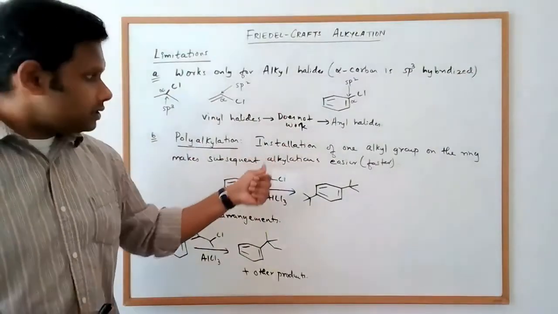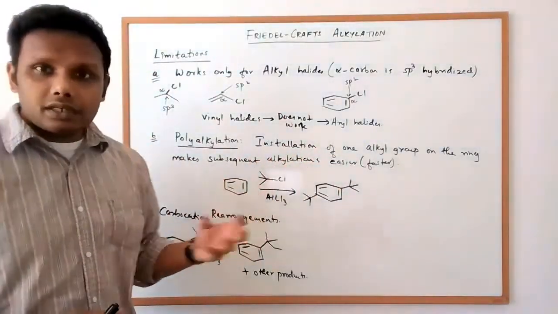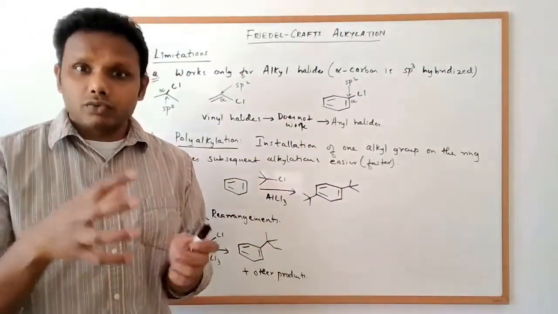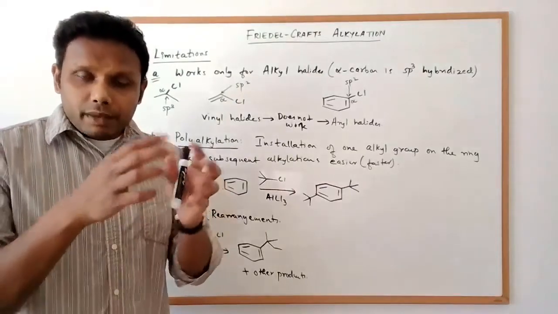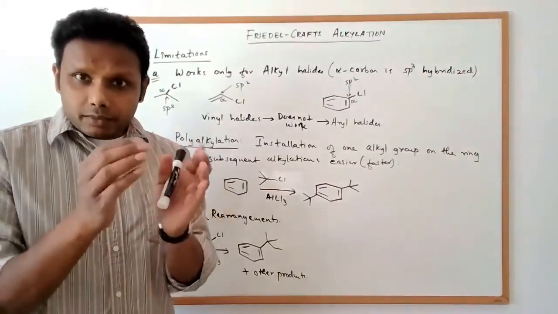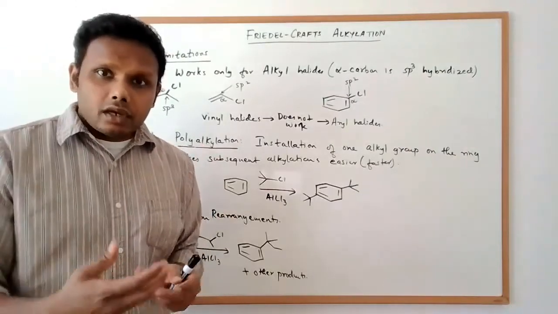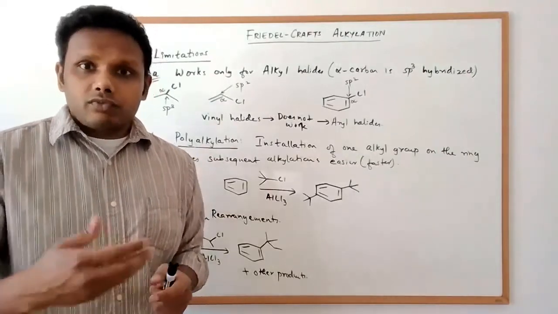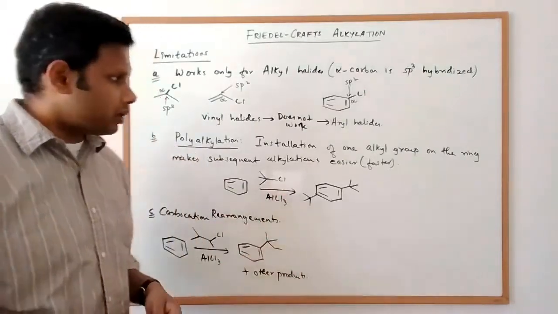That's because once you've added one alkyl group on the benzene, that substituted benzene molecule is now activated for doing the Friedel-Crafts alkylation reaction. So it would do the reaction much faster than the original benzene molecule.